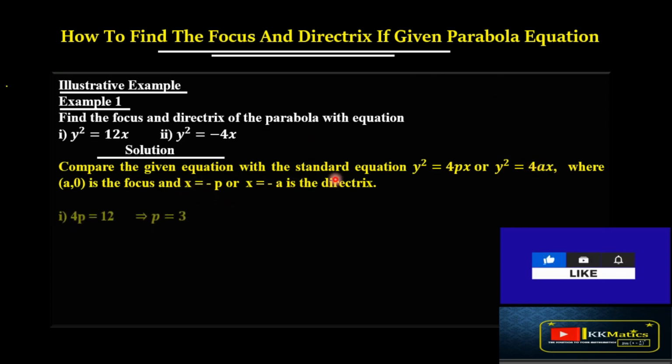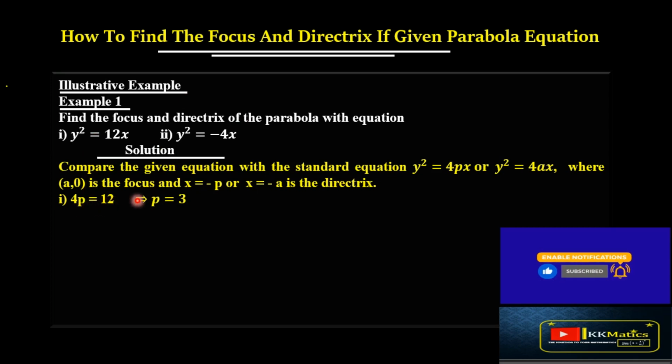So in considering (i) here, we have 4p equal to 12, so we can find our p to be equal to 3. Don't be confused here. With the general equation, we compare to each other, and by comparing, we were left with 4p equal to 12.